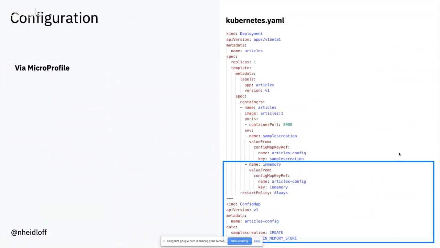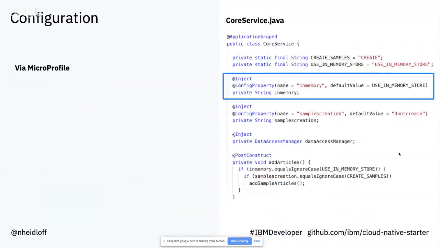And this is exactly what I do here. So this YAML file contains my config map and then my environment variables. For example, here, the variable whether or not I want to use the SQL database or an in-memory data store.